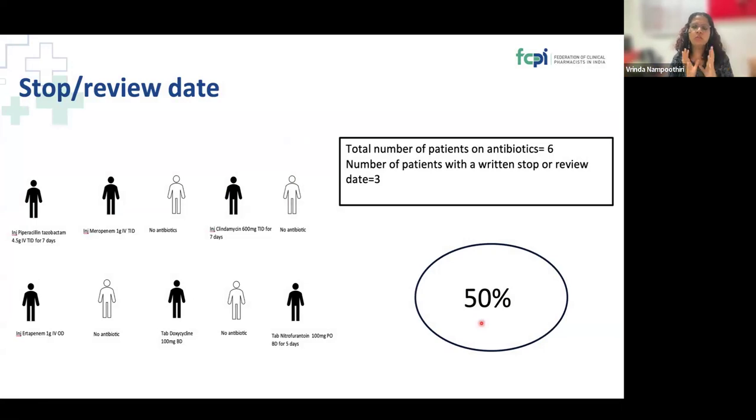So just applying those principles and those steps into our case scenario. So we know that this ward has 10 patients. 6 patients are on antibiotics, and out of that, 3 patients have a documented stop or review date. So our percentage of patients who have a stop or review date documented is 50%. And so you present this data to the clinical teams.